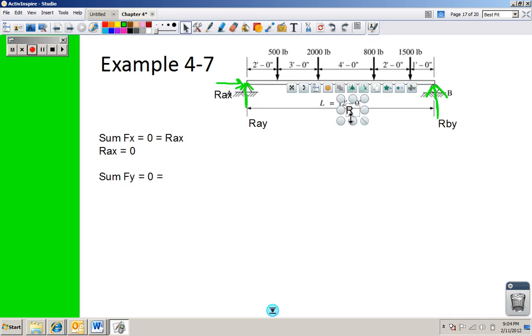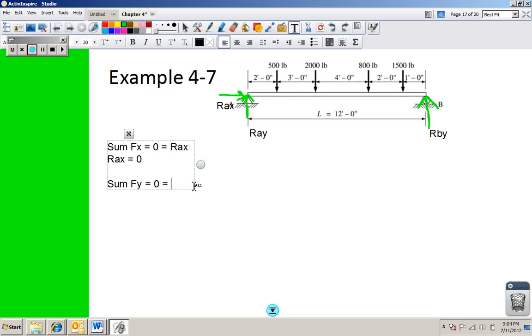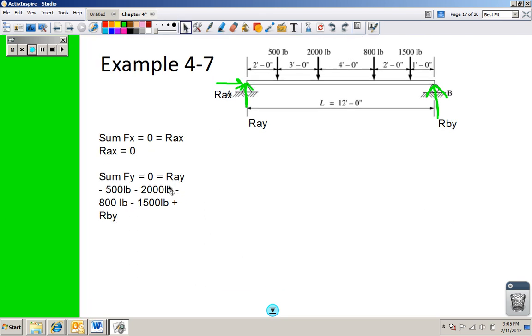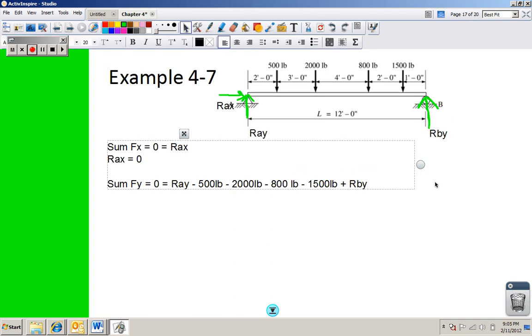Okay, so RAY is positive, and then we have minus the 500-pound force, minus the 2,000-pound force, minus the 800-pound force, minus the 1,500-pound force, plus RBY. So that's the sum of the forces in the Y direction.